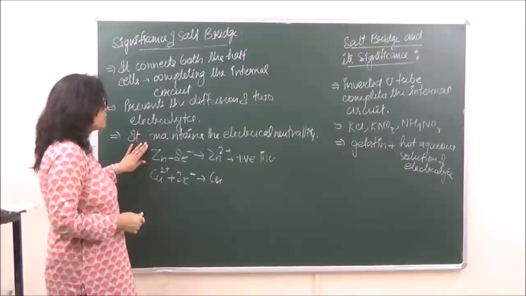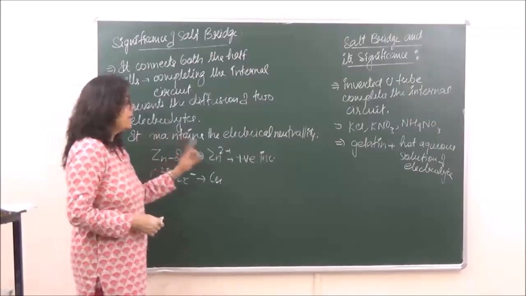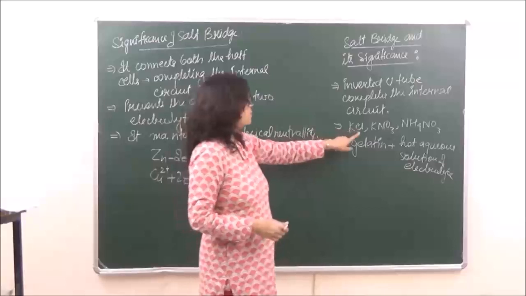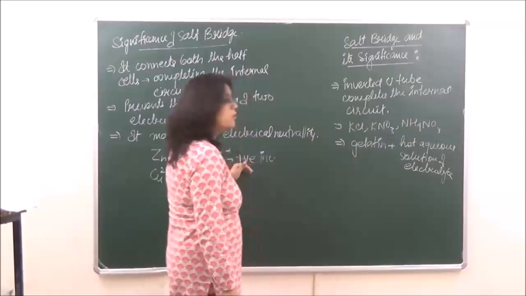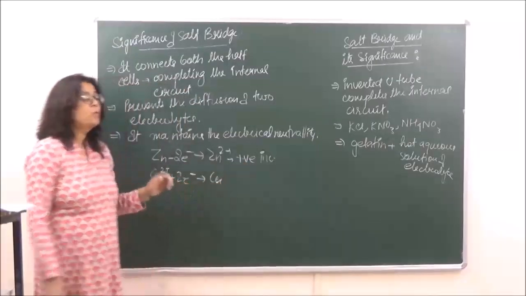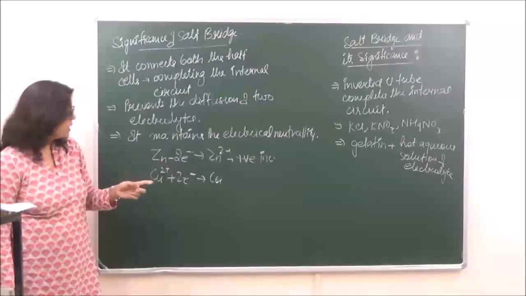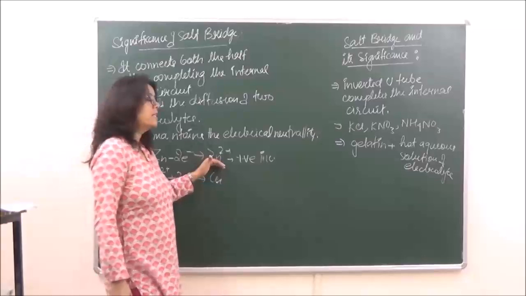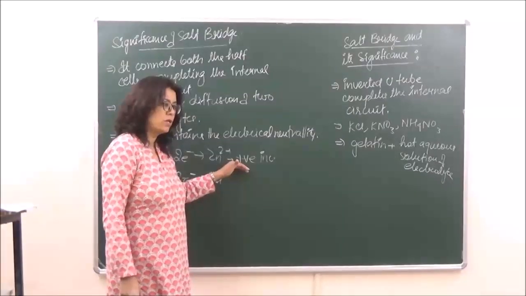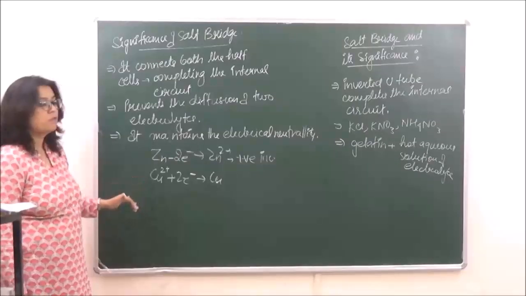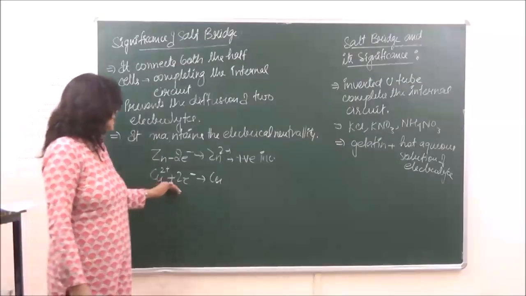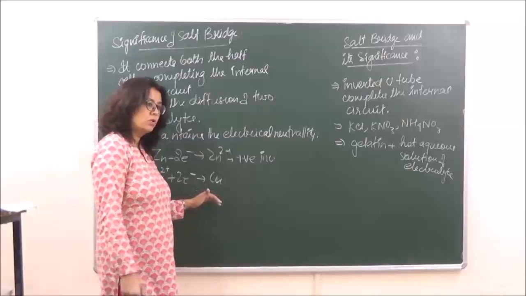To prevent this from happening, the negative charge, like if you've taken KCl in the salt bridge, the negative charge is going to transfer from the arm of the U-tube towards the oxidation half cell, as a result of which it neutralizes this positive charge. In a similar manner, over here Cu2+ from copper sulfate solution is gaining 2 electrons to give us Cu.